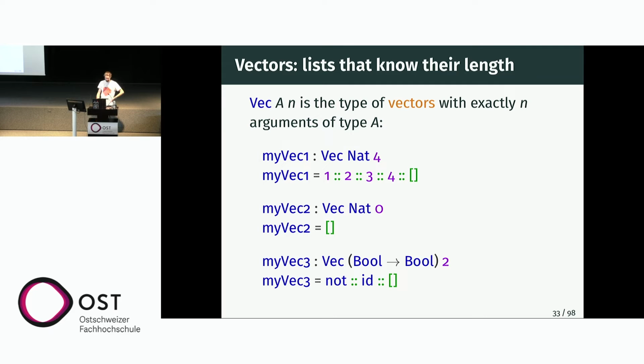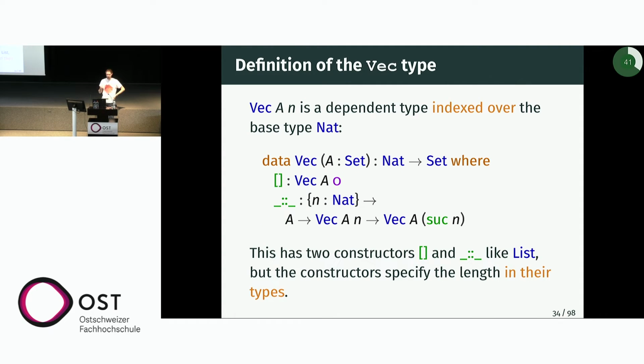This is defined in a very similar way to the type of food that I defined, as an indexed data type. So now we're combining a parameter, the type of the elements, and an index, the natural number. These are both arguments to Vec, but the parameter appears before the colon, the index appears after the colon.